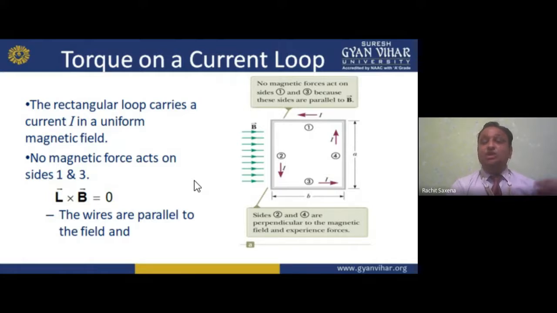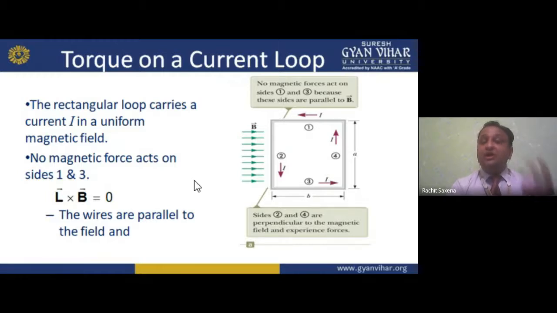Torque is basically force cross displacement, F cross D, in vector quantity. If a force is applied and displacement occurs due to that force, the cross of these two converts into torque. That is F cross D, my dear students.